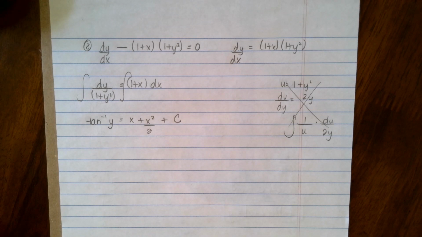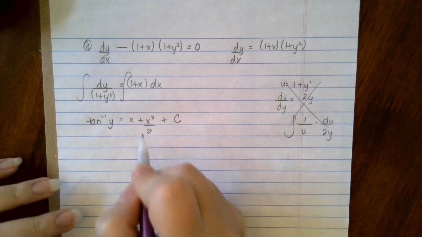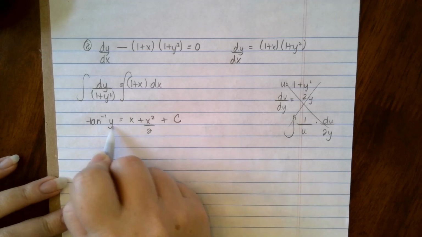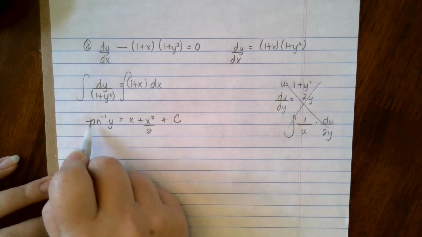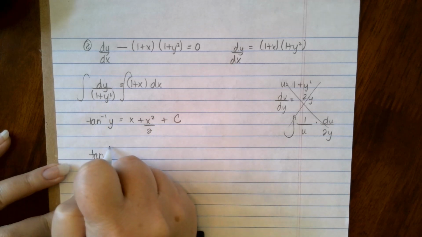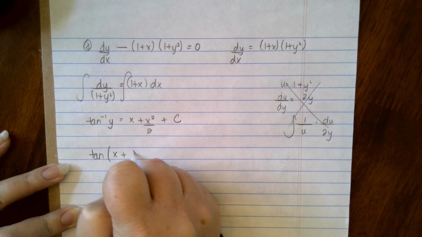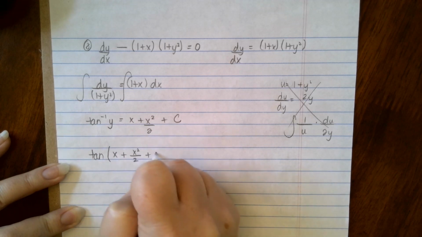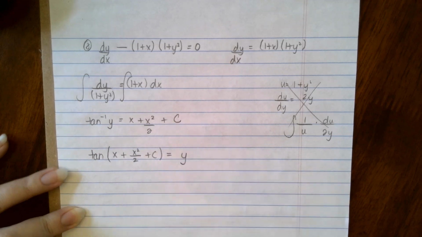Well, all you have to do is flip-flop like the inverse thing. It's kind of like switching your x's and y's. When you switch your x and your y's, you're actually undoing the inverse. So if we switch our x's and y's and put all of this with the tangent, you're undoing the inverse, and so it'll just be the tangent of all this stuff equals y.